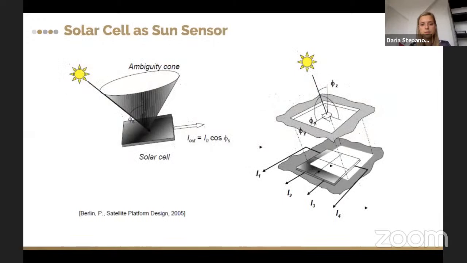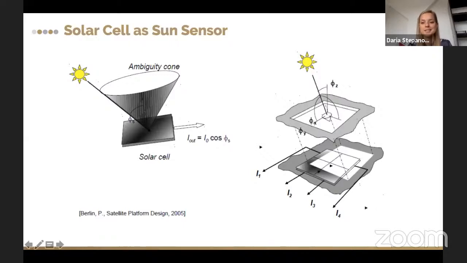Let me briefly describe the approach for sun sensor functionality. The sensors we're using are these PSD sensors. This is the sensor, and this is the hole, the through hole. Once the sun light is passing through the hole, it leaves a shadow on the PSD sensor.